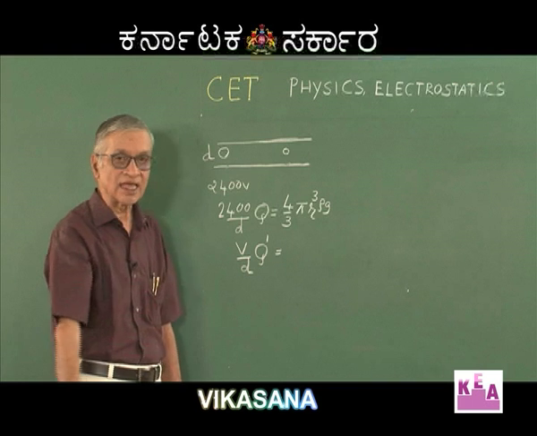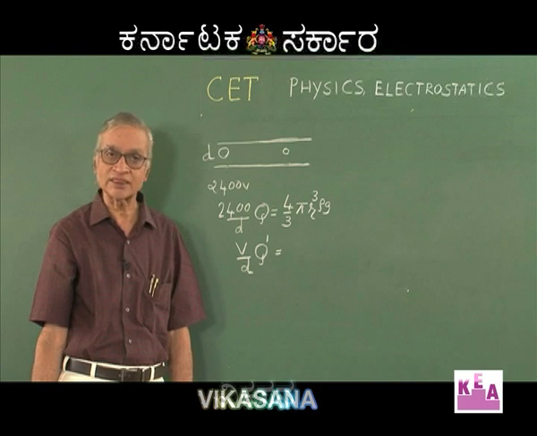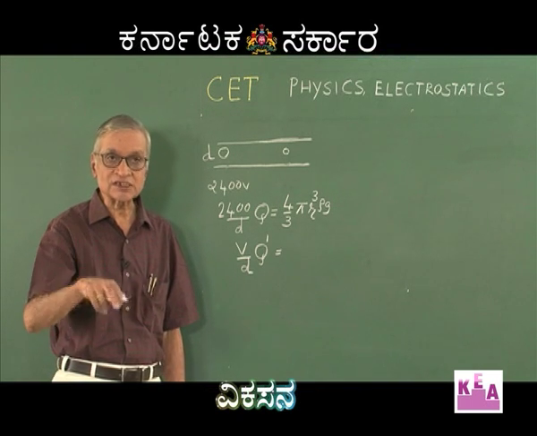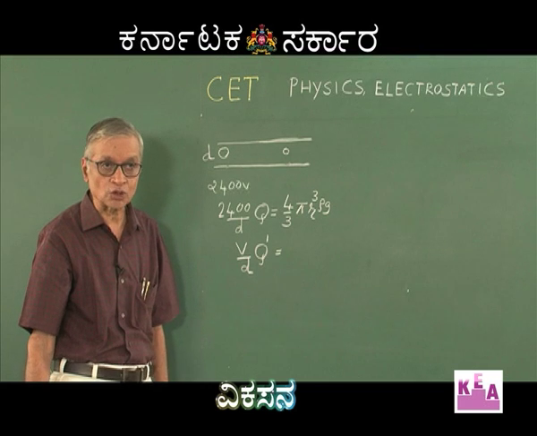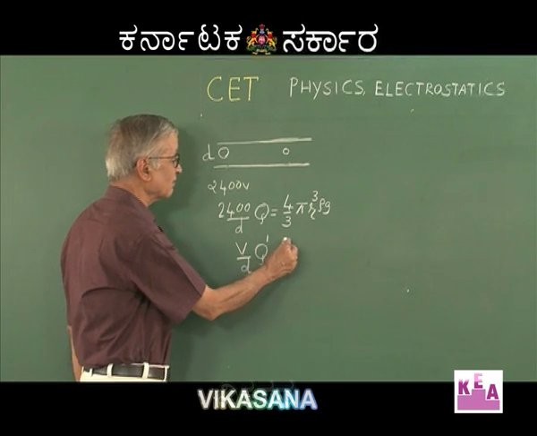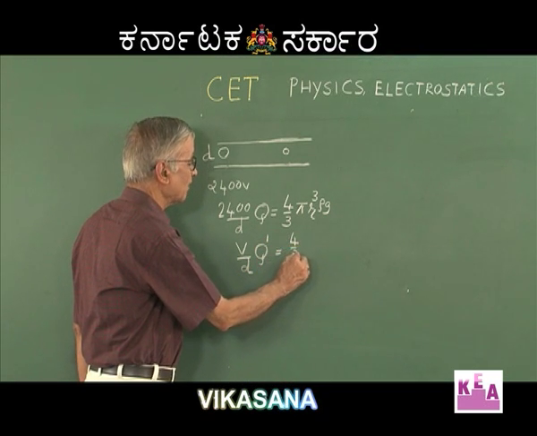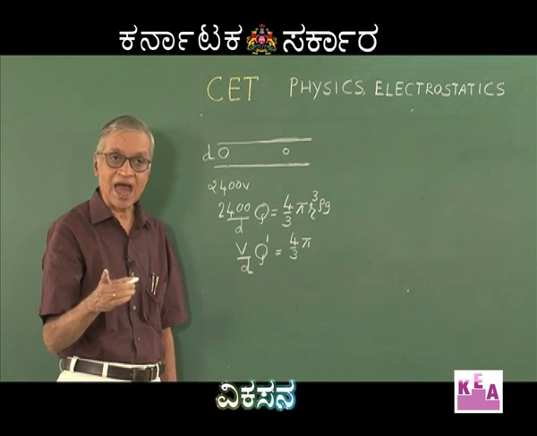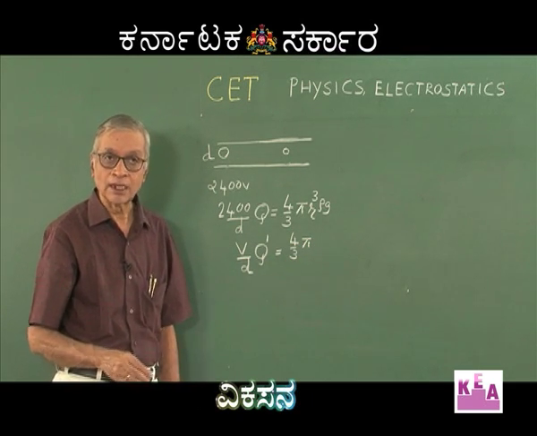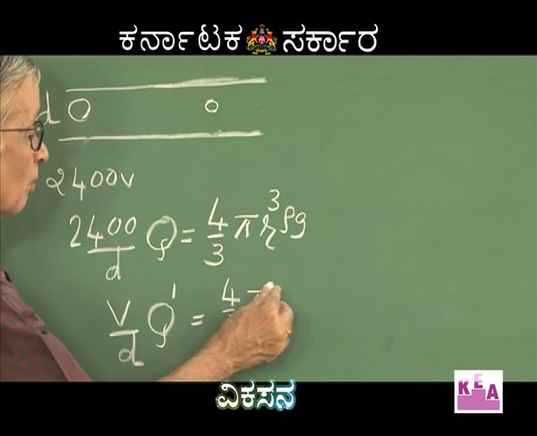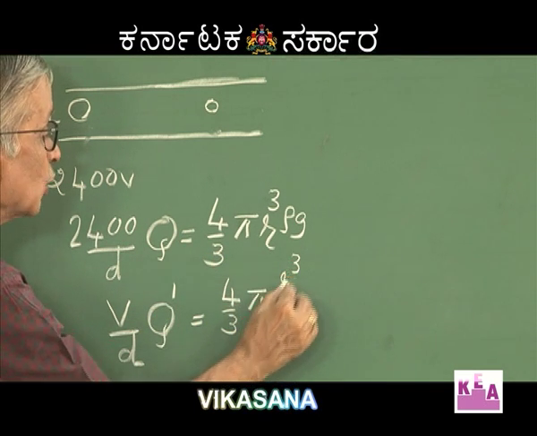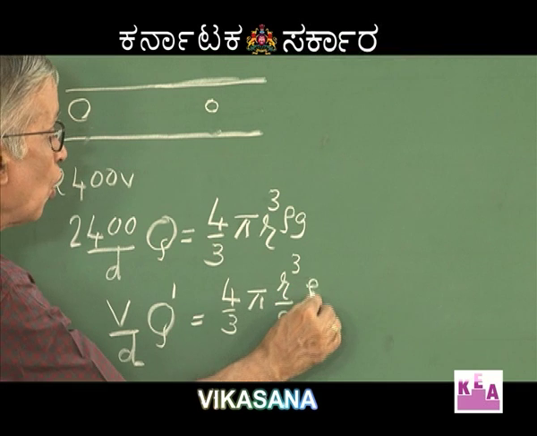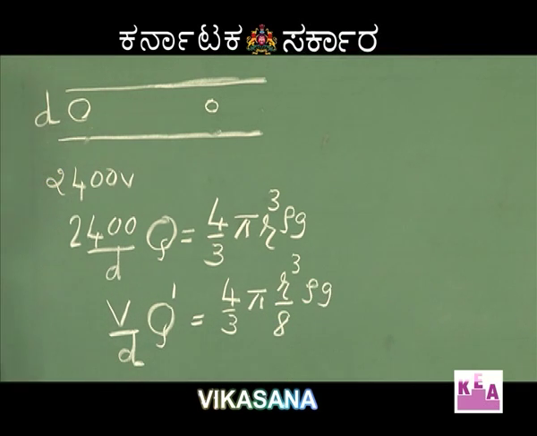This is the electrostatic force on the drop, and it must be equal to the weight of the drop. Coming to the weight, 4 divided by 3 pi, and if the radius becomes r by 2, then r cube becomes r cube divided by 8. Rho into g will not change.